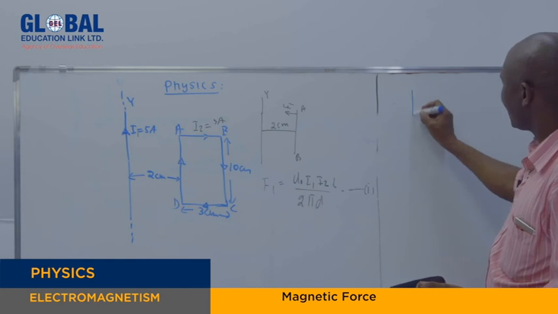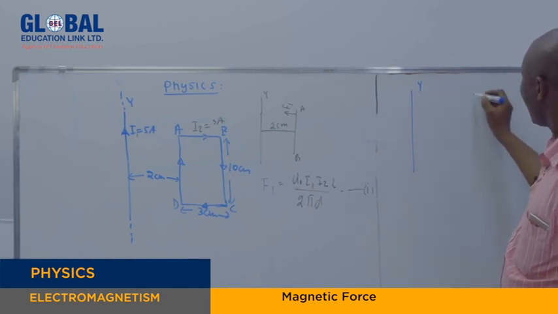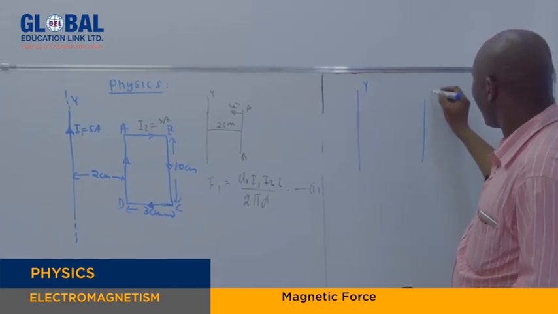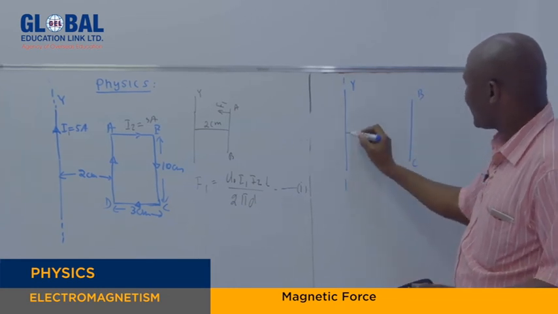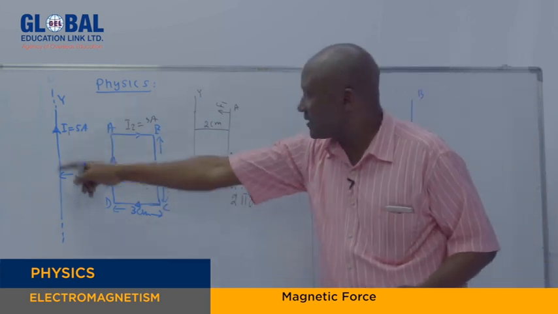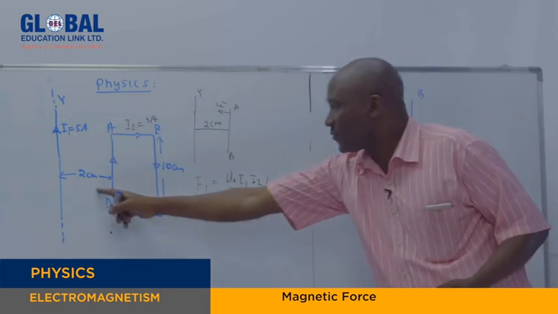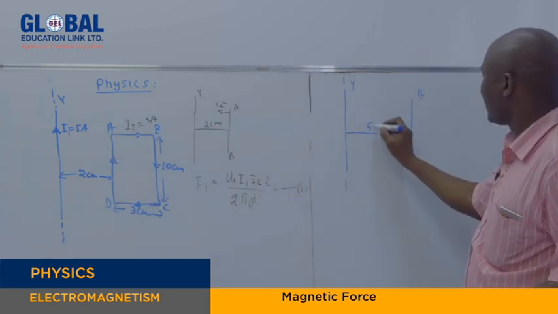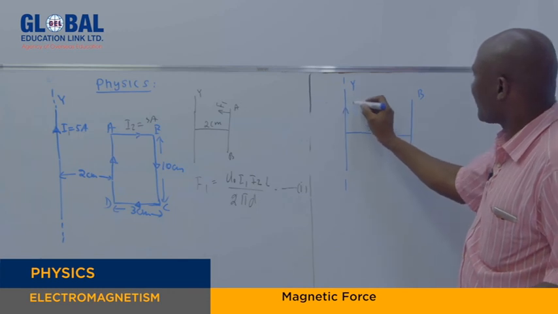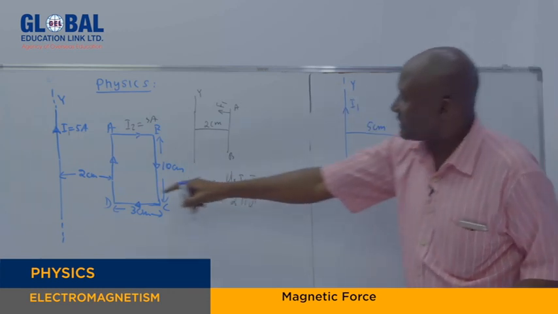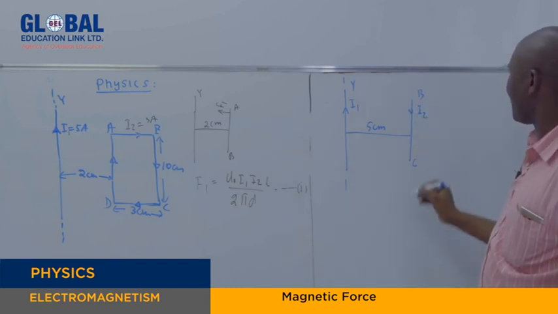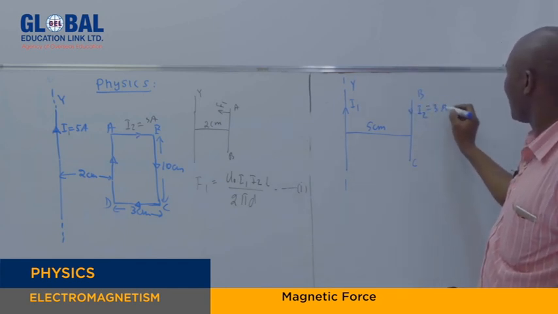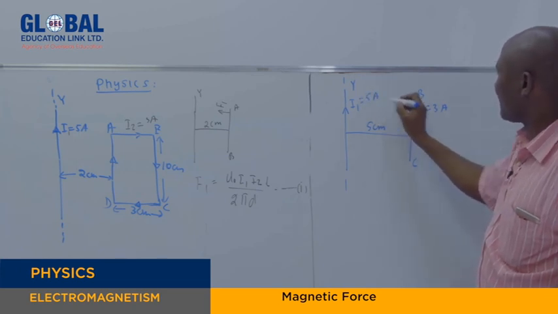BC. So consider this is Y, and BC is here. The distance from Y is now 2 plus 3, which is 5. The current is moving up, I1, the same current, but this time the current is moving down, I2. This is 3, this is 5.